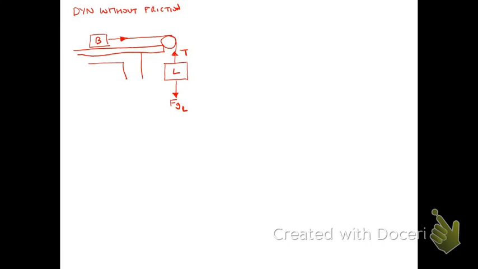The string's going to be pulling forward. That's also a tension. How does the tension of the string pulling on the block compare with the tension of the string pulling on the load? They're the same, because they're an action-reaction pair, actually.